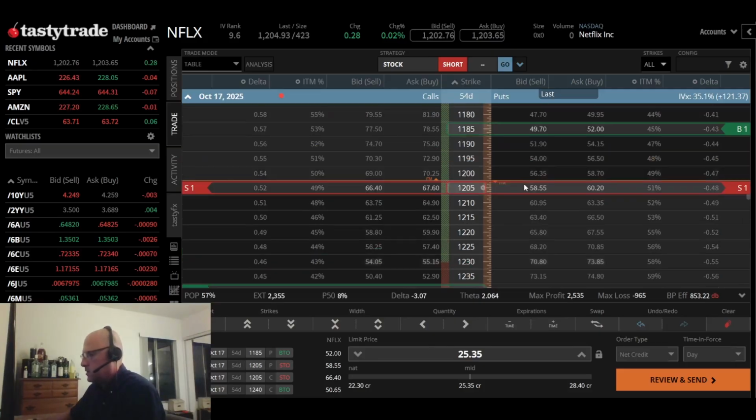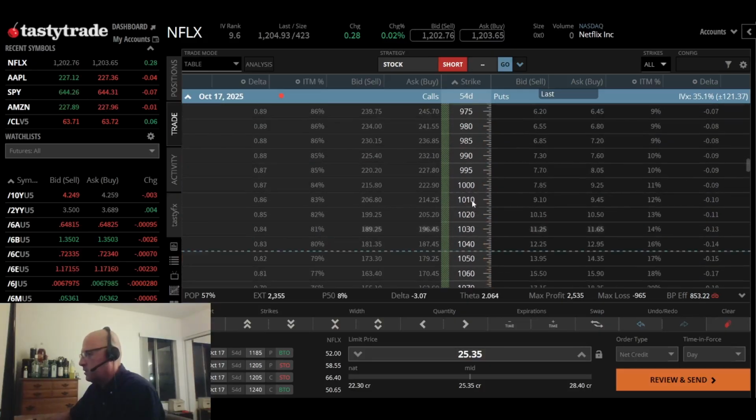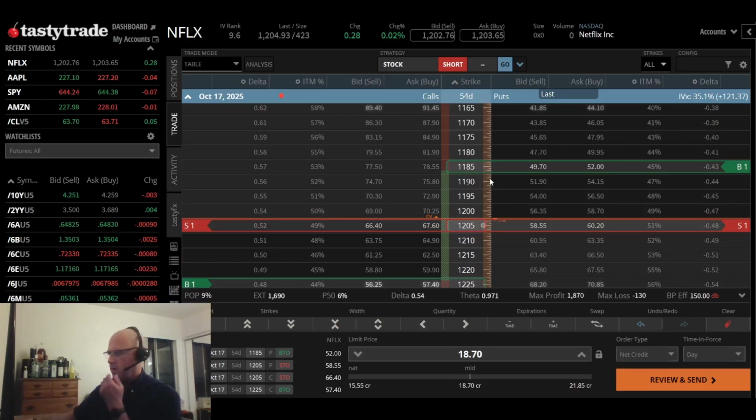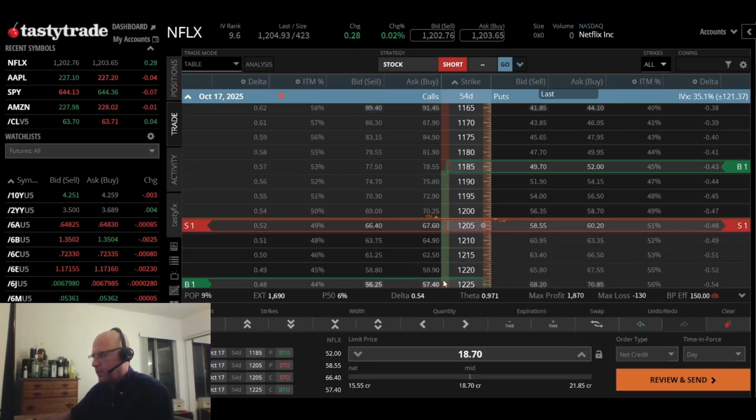And let's see here. So our probability, we're profitable basically. Oh, sorry, I misentered it here. So I'm selling the 1205 straddle. I'm buying one of the 1185 puts and buying one of the 1225 calls. So as you can see, our break-even range is pretty narrow for a stock like Netflix that moves $100 a day sometimes.